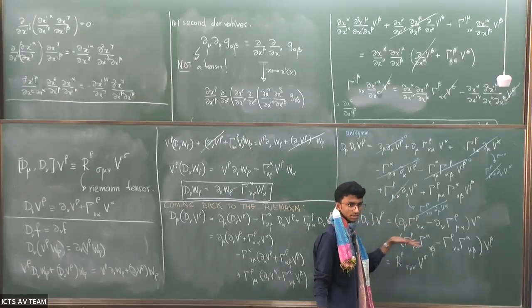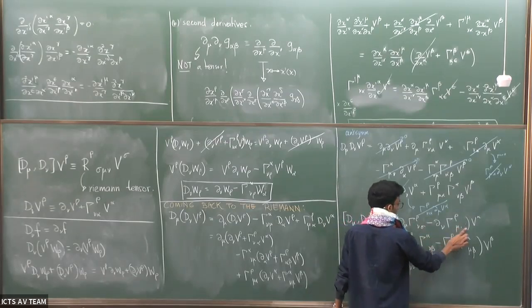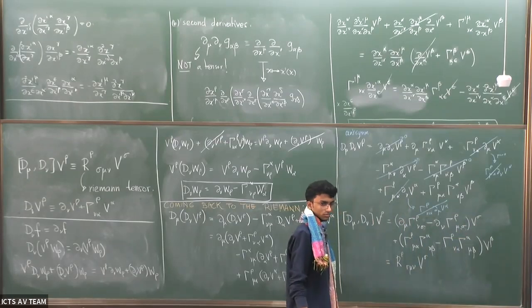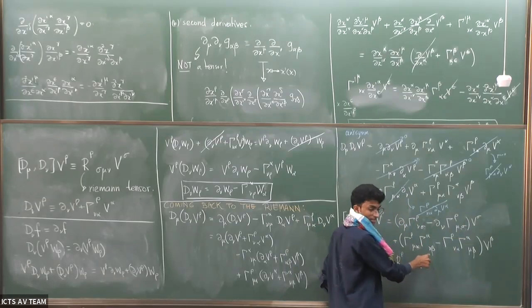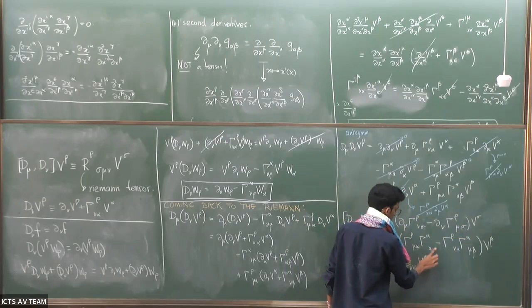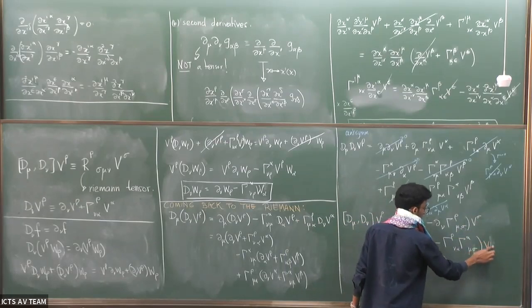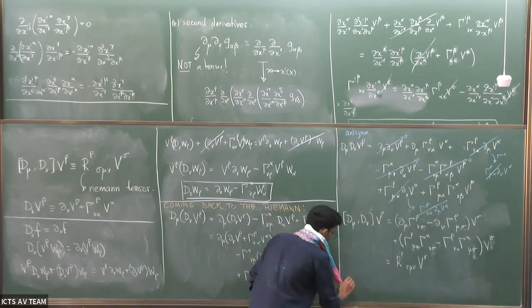In this equation, I'll take all the alphas, put sigmas. No, in this equation, I want to change all the betas to sigmas. So now I can directly identify the Riemann.